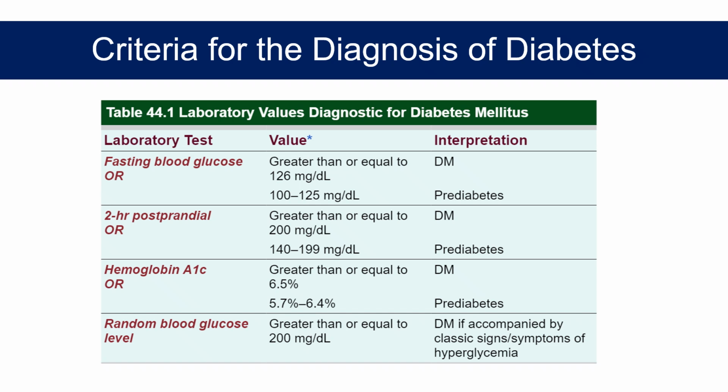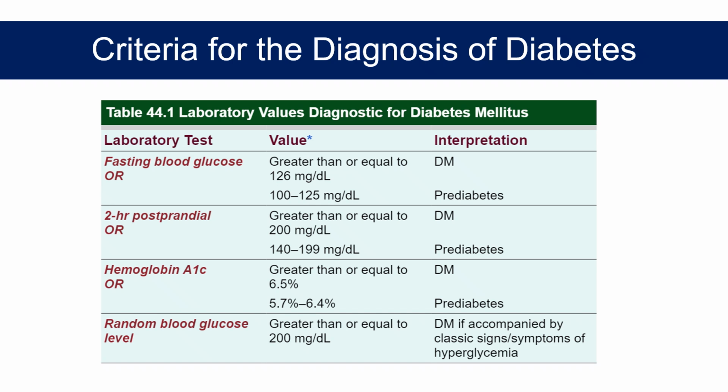Now this one I want you to pay extra attention to because this measures our average blood glucose levels from the last 2 to 3 months. So this is a great indicator on how well controlled a patient's blood sugar is and if our interventions are effective. So the pre-diabetic range would be 5.7 to 6.4, and then diabetes would be greater than or equal to 6.5%.